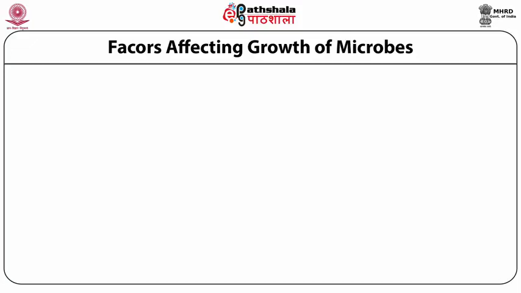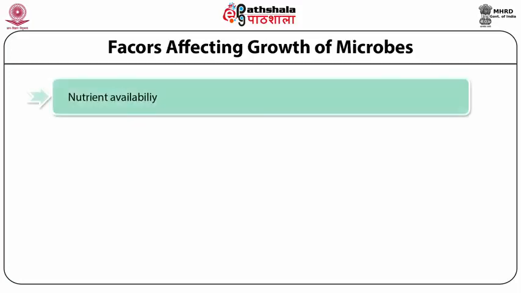So what are the factors which affect growth of microbes in the body? First is nutrient availability. So microbes require nutrients for their growth. They require carbon source, nitrogen source, phosphorus source, sulfur source for their growth. So they require some of the nutrients in large quantity, that is known as major nutrients, and some nutrients in very small quantity that are known as micronutrients.